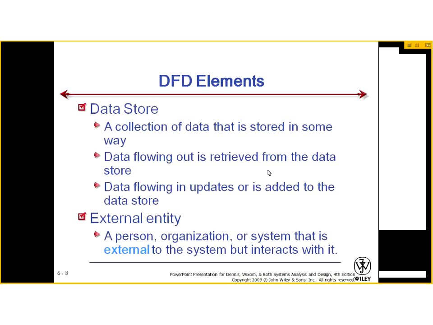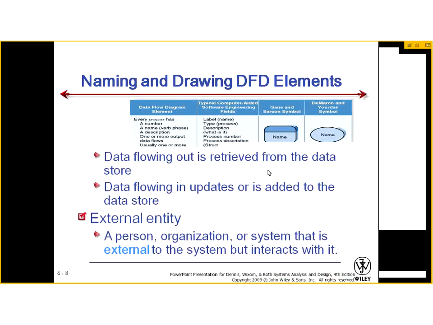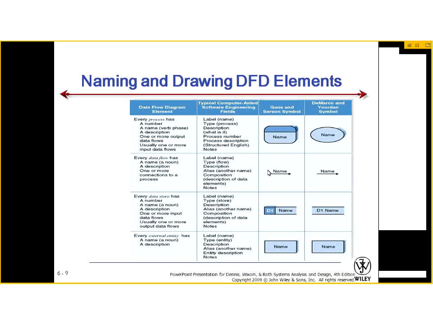The external entity is a person, organization, or system that is external to the system but interacts with it. So any person, system, or organization which is interacting with your system is an external entity. When you see different conventions to draw DFDs, two types of conventions are normally followed.